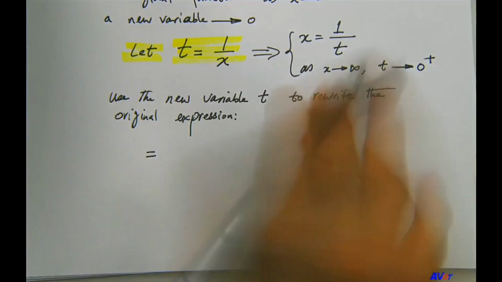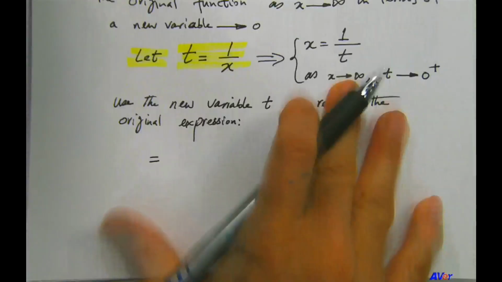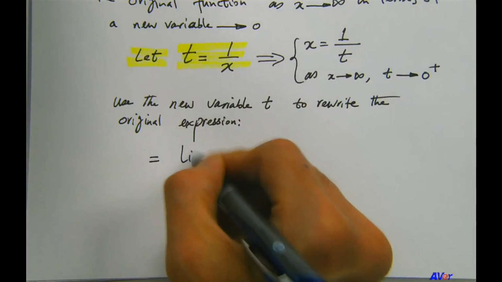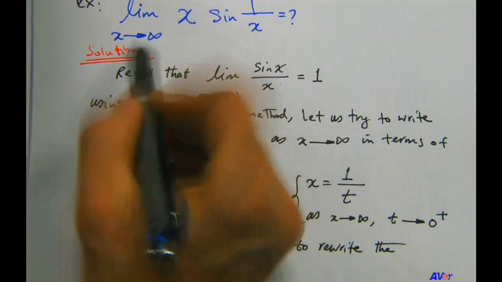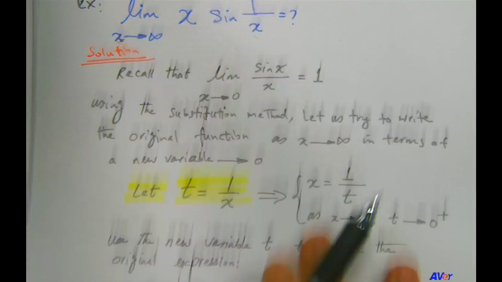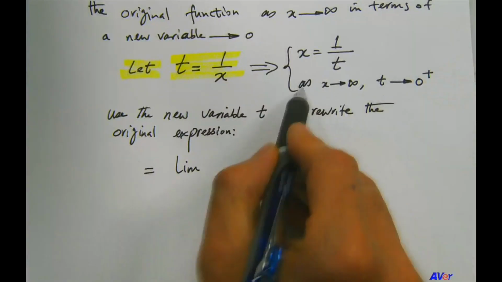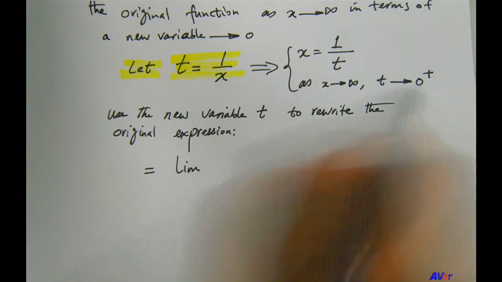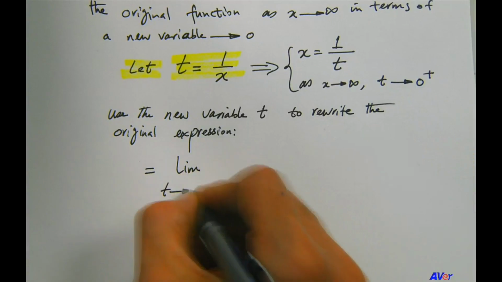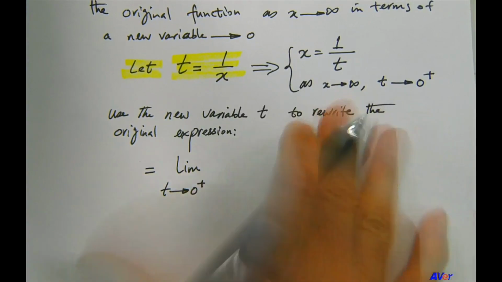Okay, so let's do that. So instead we have the limit. We no longer have x going to infinity. Instead, what do we have? As x goes to infinity, t goes to 0 from the right-hand side.